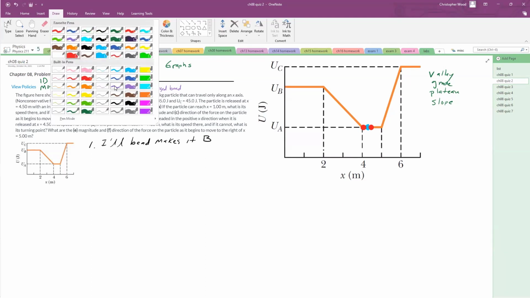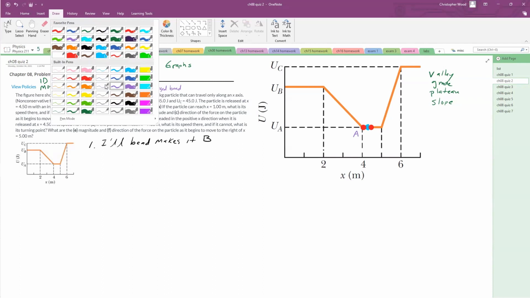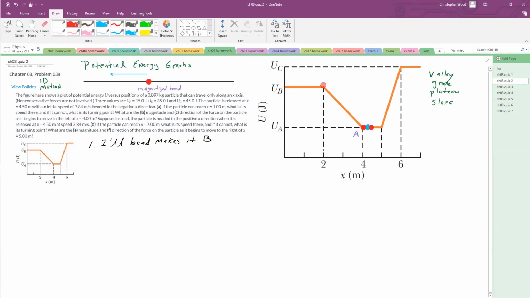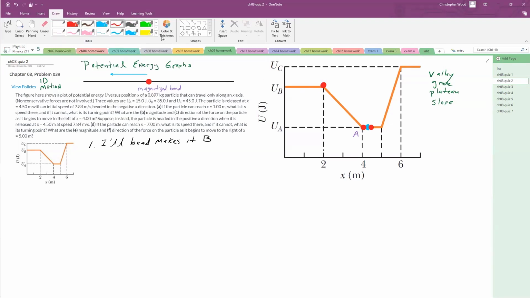This is energy state A. This is energy state B, and I lost my magnetic bead right here. So I've identified my two energy states, A and B. I don't know if it makes it to B. It's just a guess right now. So, ID energy states is now officially done.